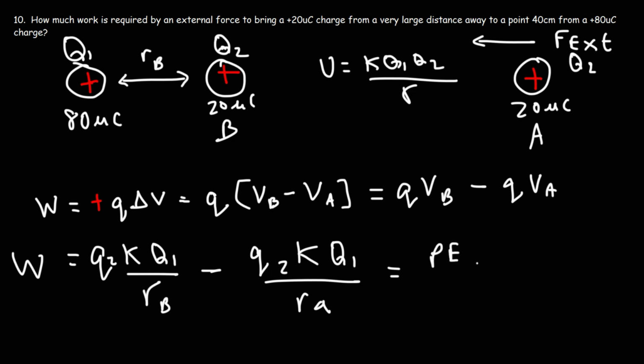It is the potential energy of the two charges at point B minus the potential energy between the two charges at point A. So that's what we're looking for here, the difference in the potential energies. Now, point A is very, very far away. When you see a question like that, it's basically telling you that point A is so far that R is infinity.